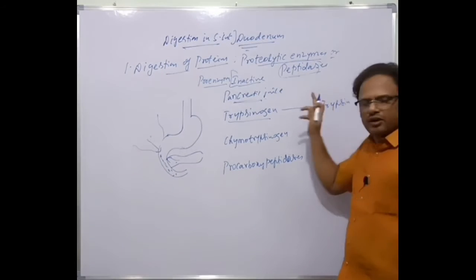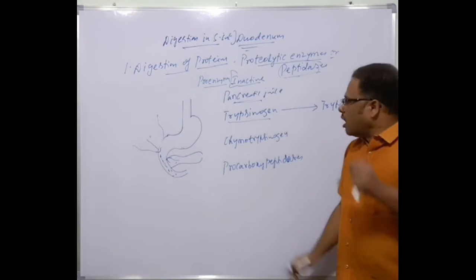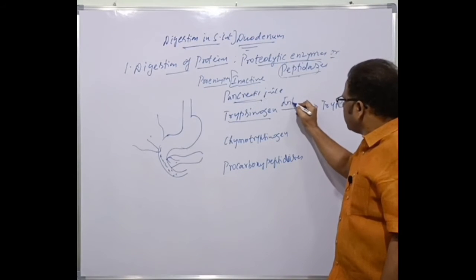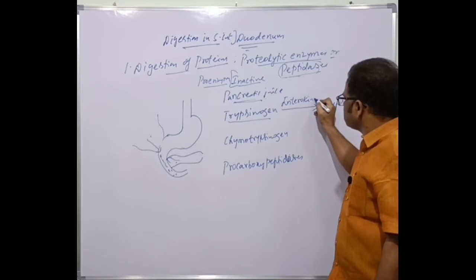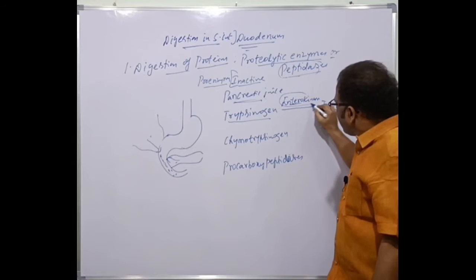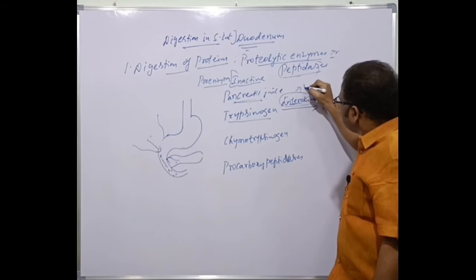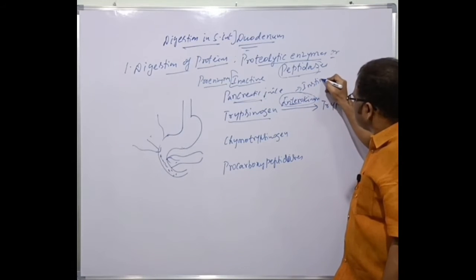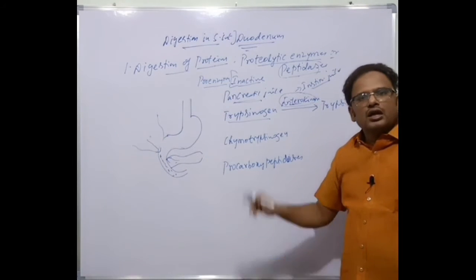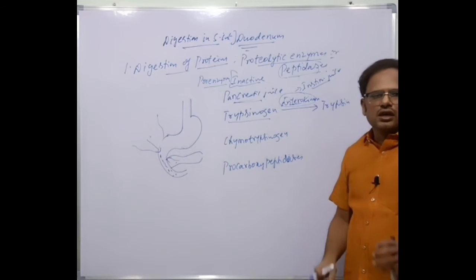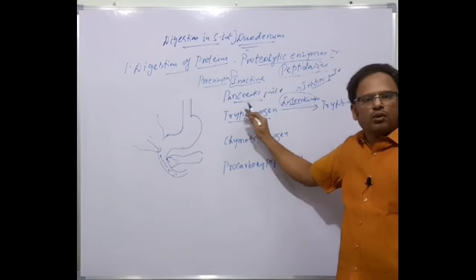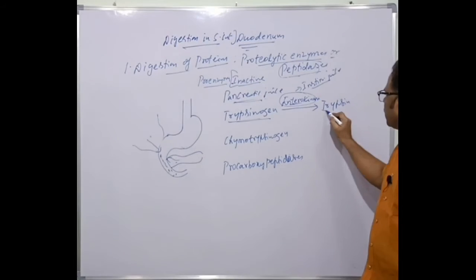That must be activated to trypsin by the enzyme activator called enterokinase. Enterokinase is the enzyme activator present in the intestinal juice, Succus entericus, which converts the inactive proenzyme trypsinogen into trypsin.